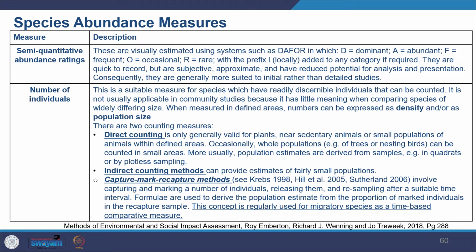There are certain formulas which are used for this, and we're not going into the details of it, but just to know that this method, capture-mark-recapture, is available. This method is regularly used for migratory species as a time-based comparative measure. So you take care of that.